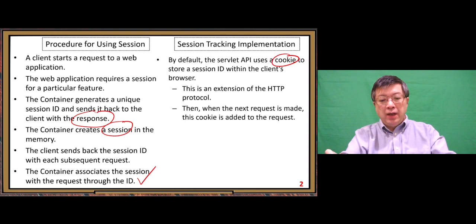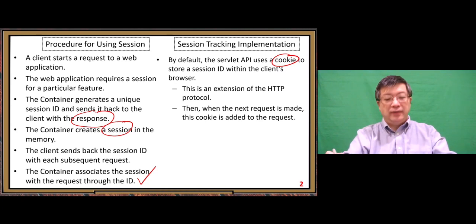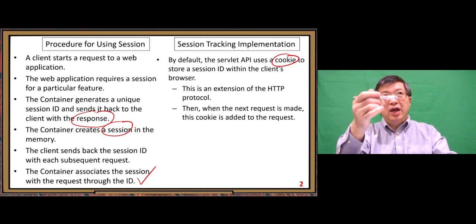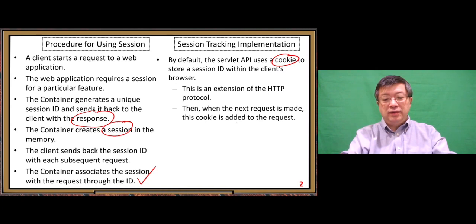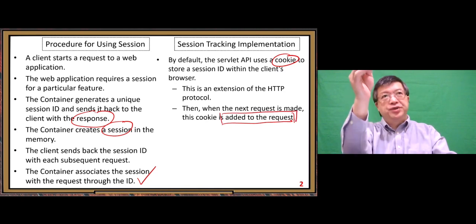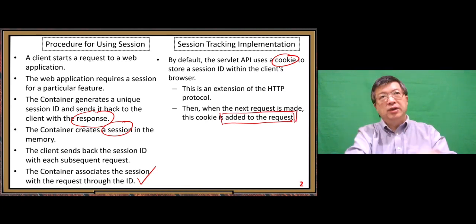Then when the next request is made, this cookie is added to the request. How? Through a header. Here it does not mention the HTTP header, but it goes to one of the special headers.